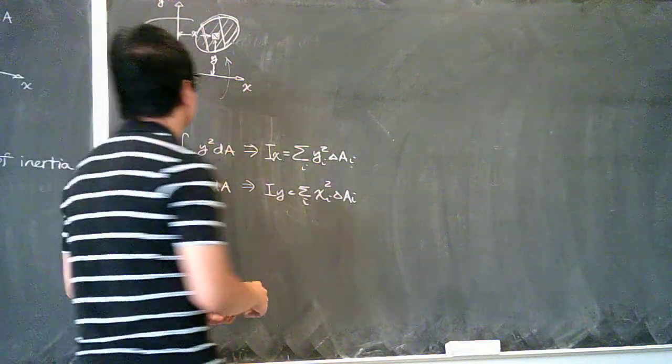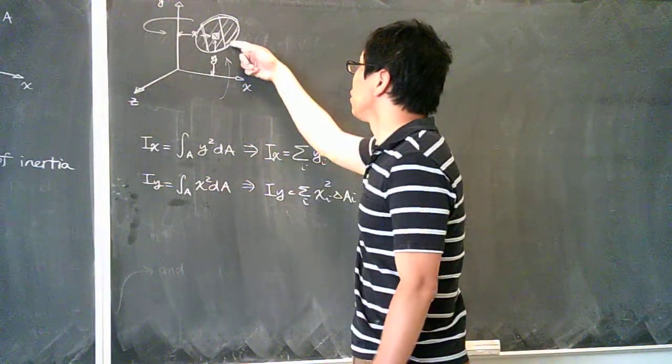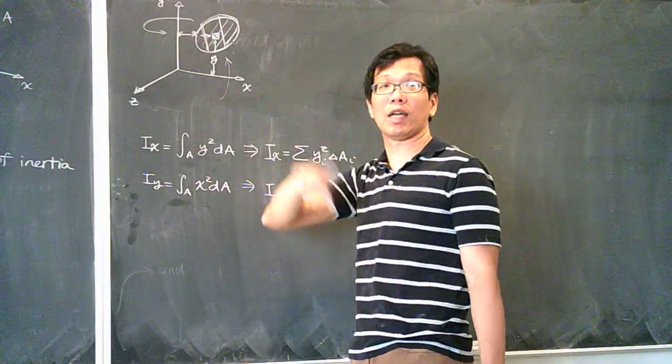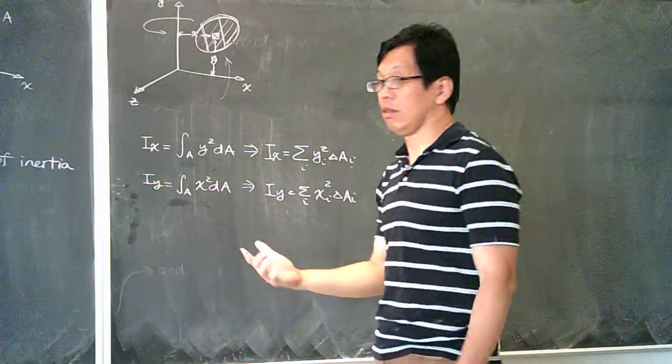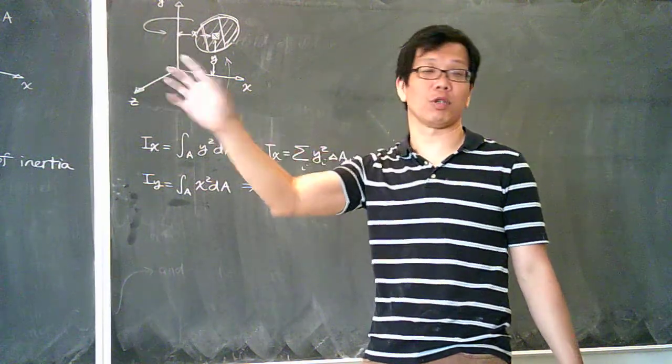The second thing is, when we are talking about rotation, this is rotated about the x-axis, this is rotated about the y-axis, but in most cases we don't really care. What we care about is the reference point. I need to know the moment of inertia of this object rotated around me.